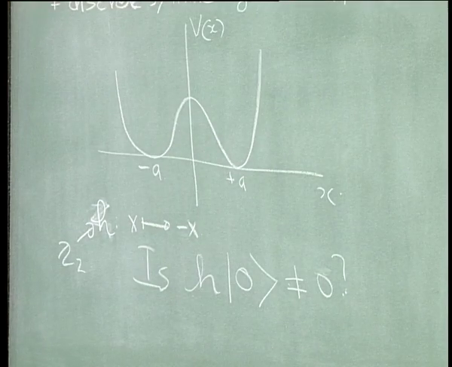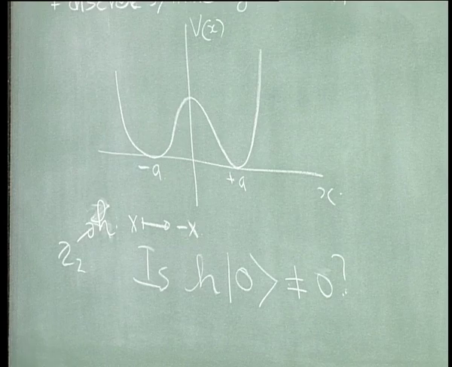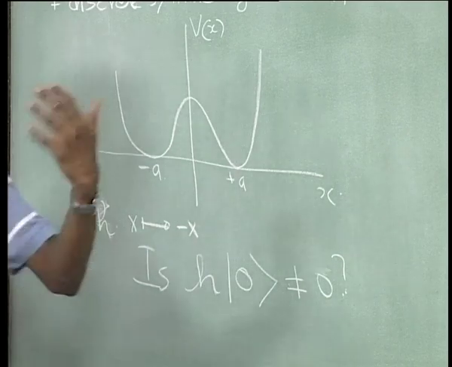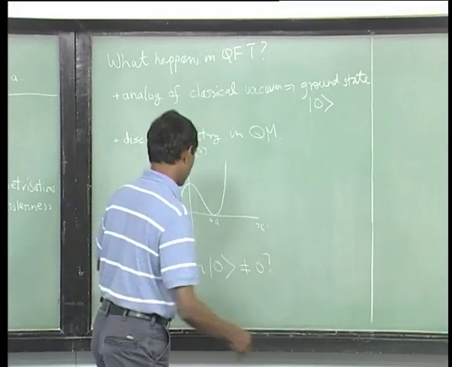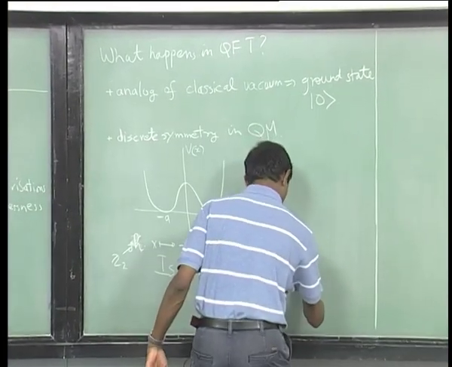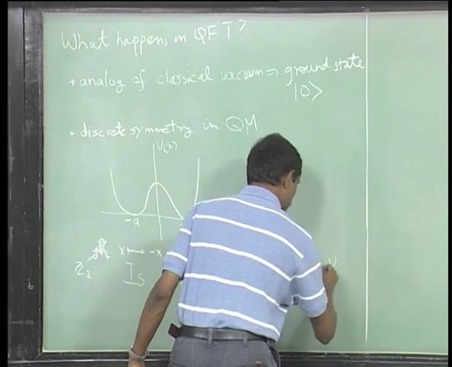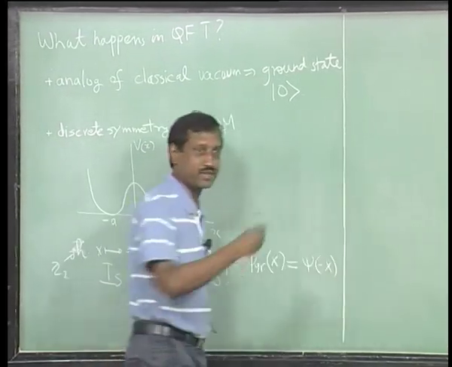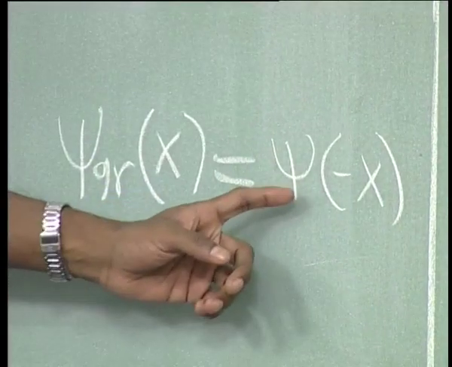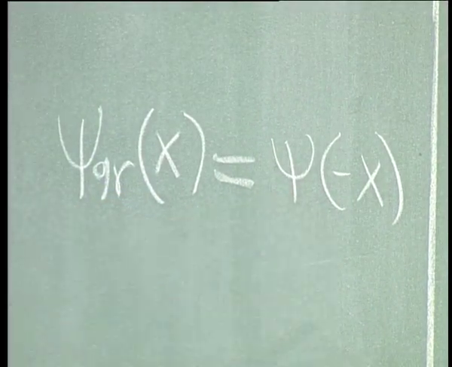So naively, the first guess is yes, it equals 0. In terms of the wave function, is the wave function symmetric? If you want to think of that, you say the ground state psi of x, is it equal to, up to some phases, I will permit phases, psi of minus x, where x goes to minus x.